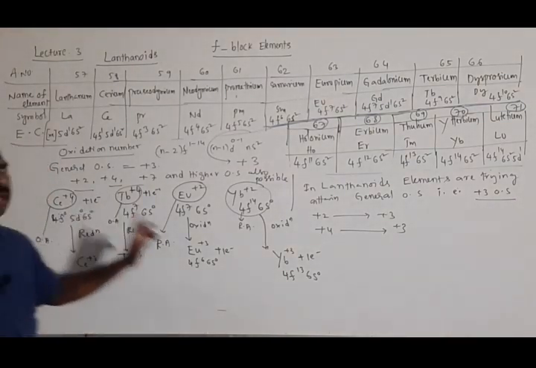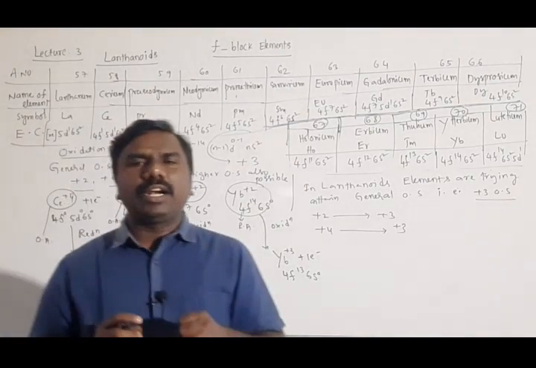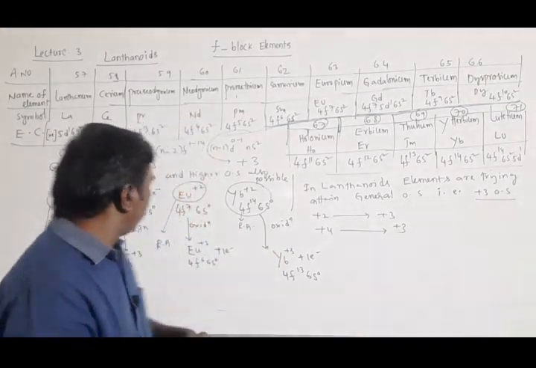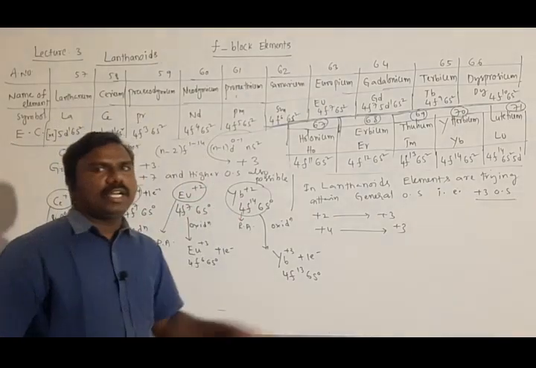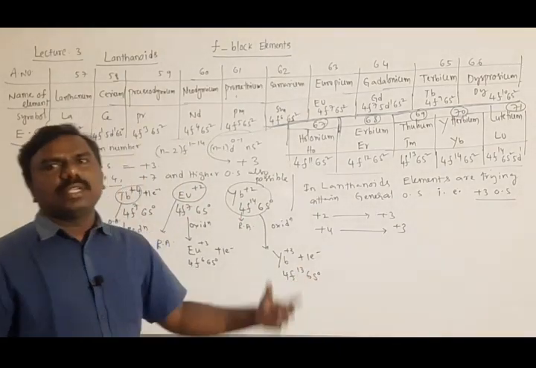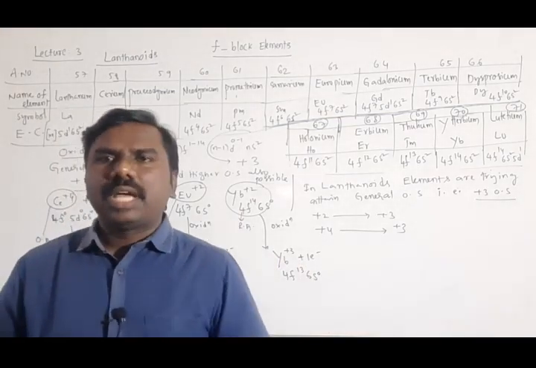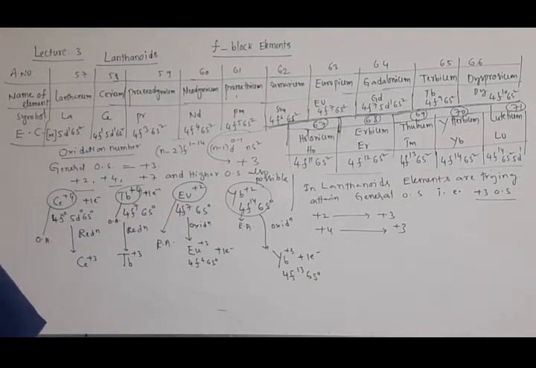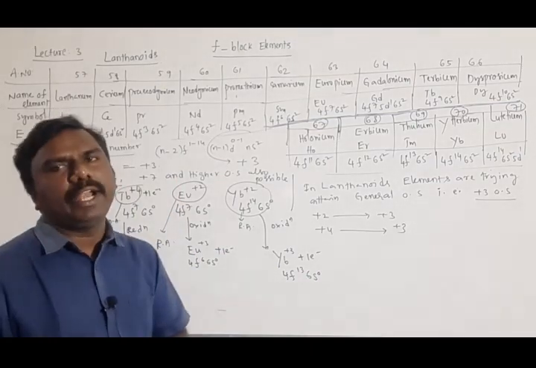Cerium plus 4 and terbium plus 4 by gaining electrons, reduction, itself acting as oxidizing agents, and europium plus 2 and ytterbium plus 2, by losing electrons, itself involved in oxidation, acting as reducing agents. That's what you need to keep in your mind, very very important.